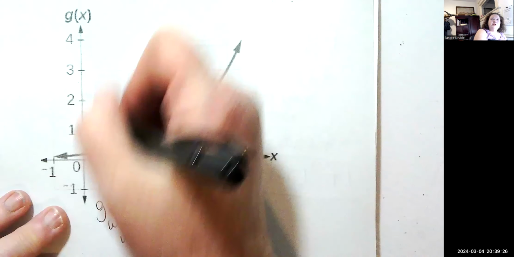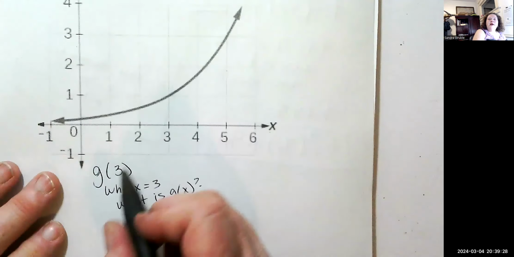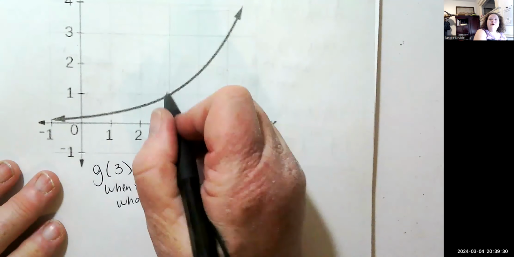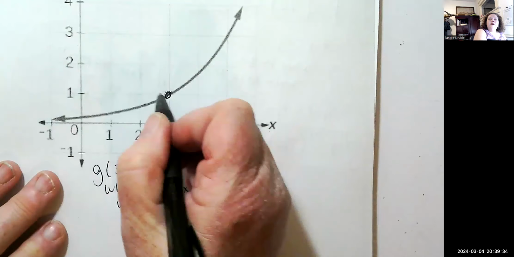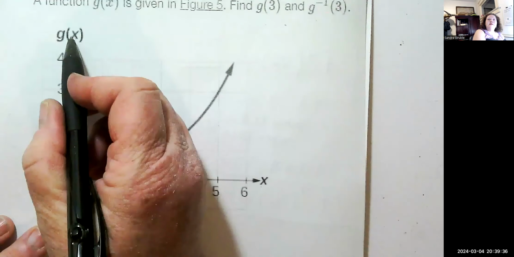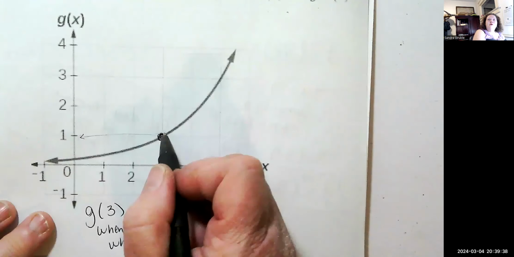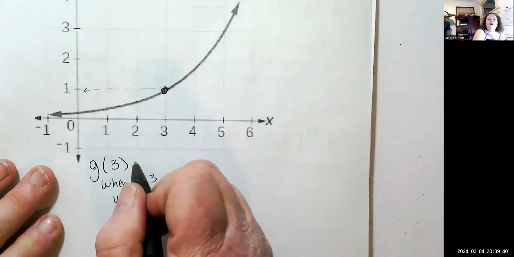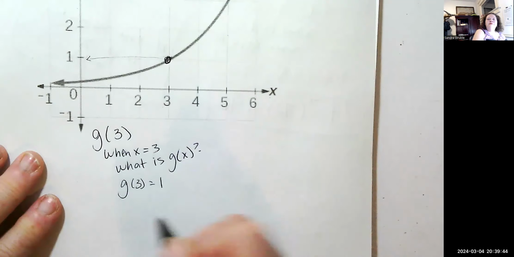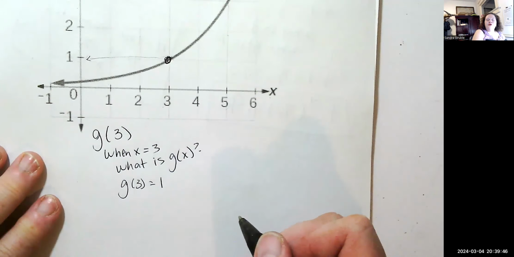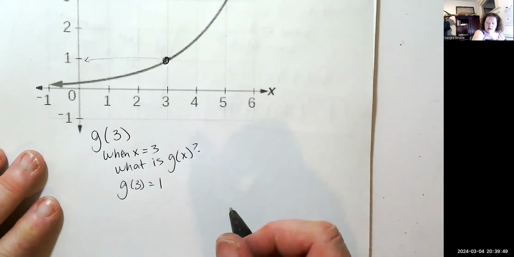Because we have g of x, which is our y. So when x is 3, find it on your graph, and then what is that on g of x? Well, that's 1. So g of 3 is equal to 1. That's the first answer.